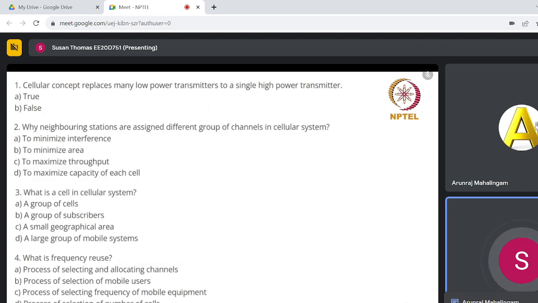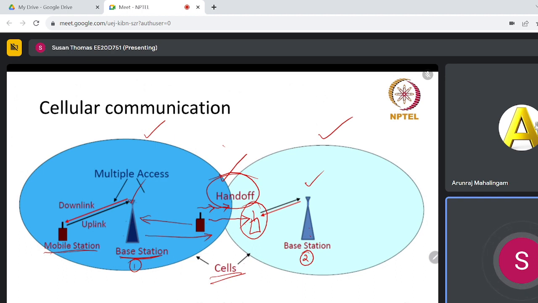Okay, so let us start with a few questions so that we'll understand the concept of cellular communication slowly. The cellular concept replaces many low power transmitters to a single high power transmitter. If you understood the concept of cellular communication, you can imagine there are multiple base stations, right?